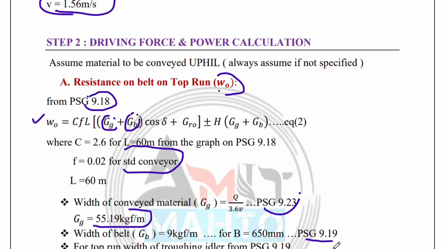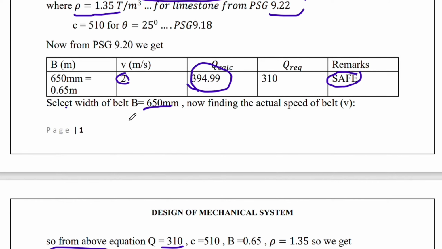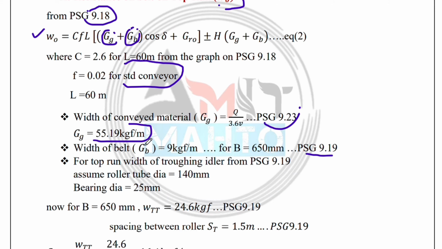Here we selected the width of the belt, which is 650 mm. So for 650 mm, see the value of Gb. You will get the value, which is 9 kgf per meter, for width equal to 650 mm.